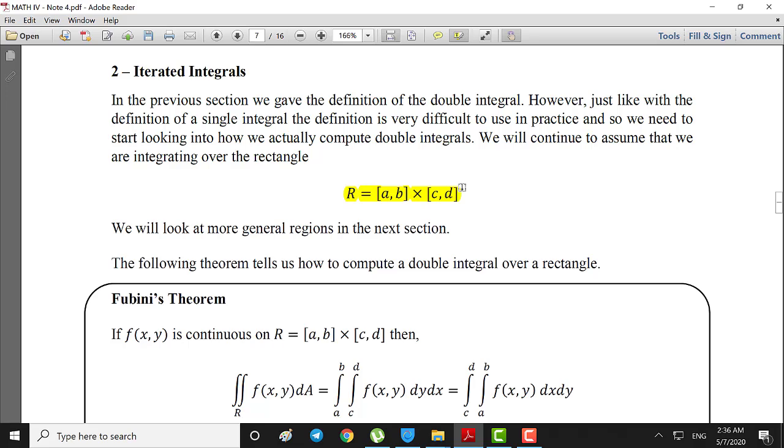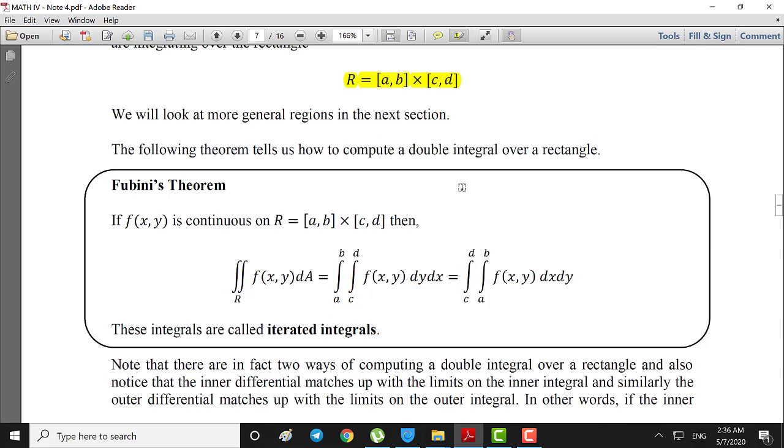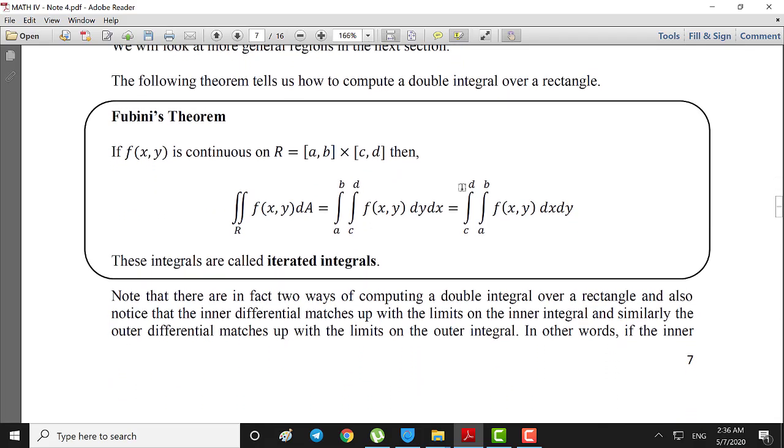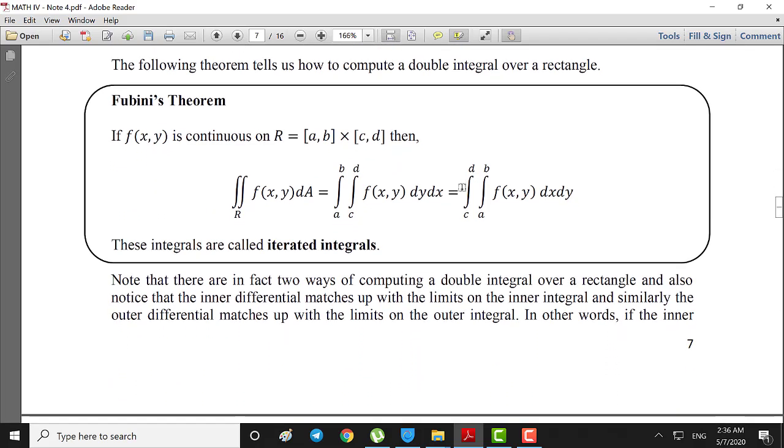Now, the good news is that the following theorem tells us how to compute a double integral over a rectangle. This theorem is called Fubini's theorem.